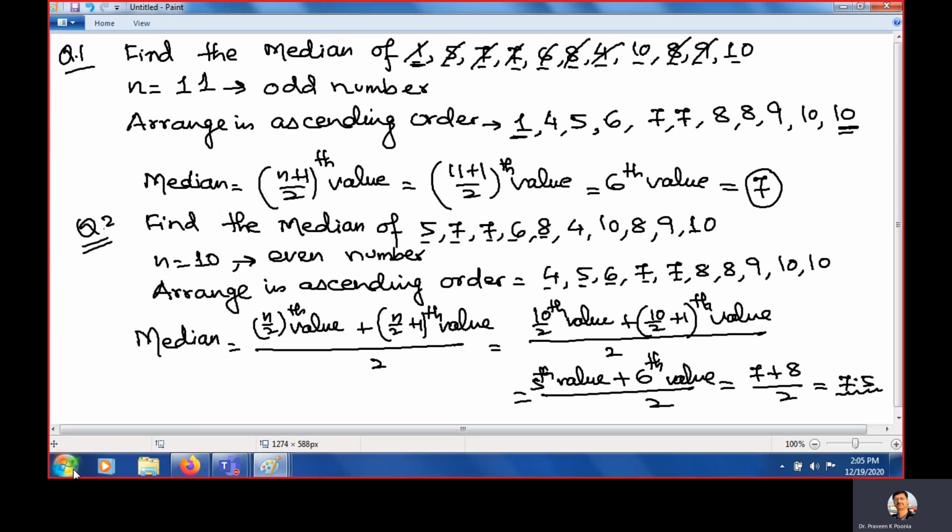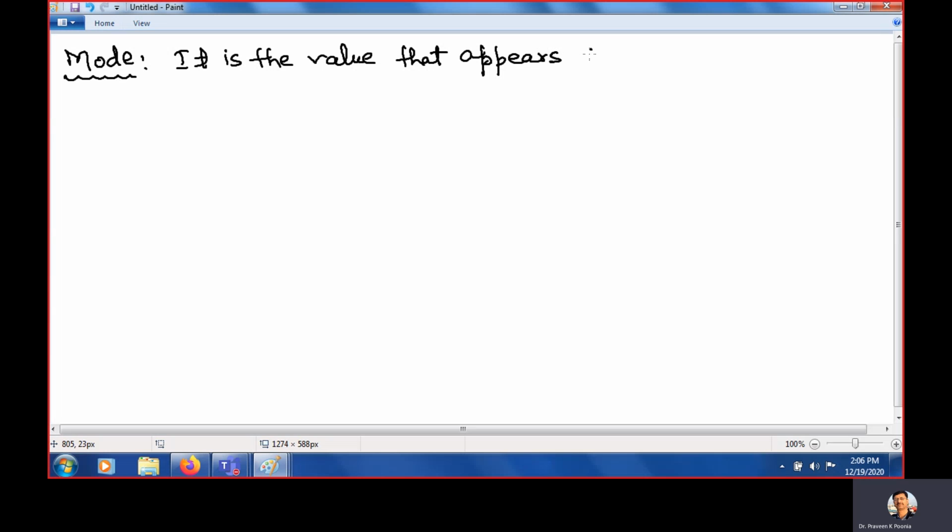Now the last topic in central tendency is mode. How to calculate mode? Mode is what? Mode is the value that appears most times.